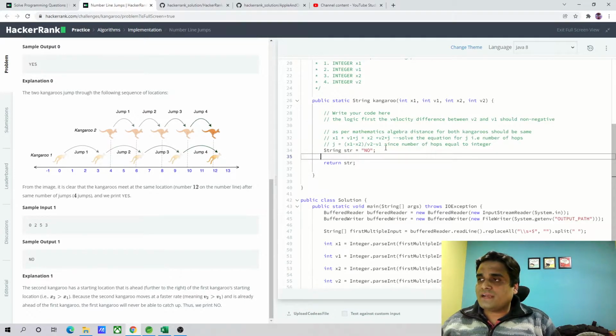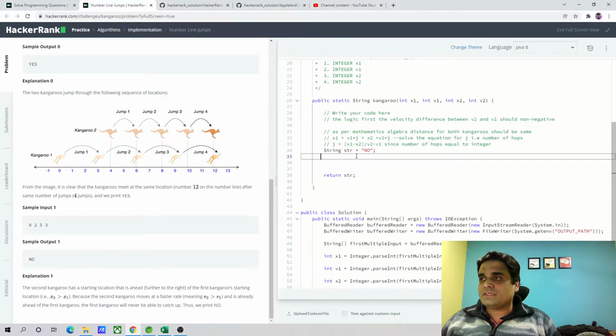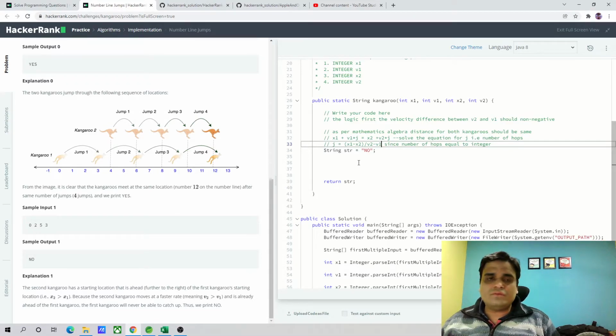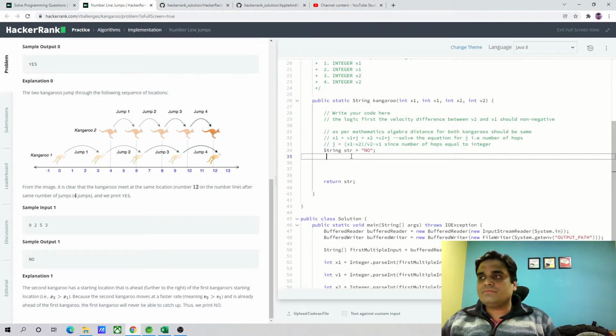We'll define by default a string as "NO", and this will be the result string which we will be returning. First of all, this is our equation, and as I mentioned, for this problem to be solvable, j should be an integer. If v1 is less than v2, we know that this equation cannot be solved, and straight away we can respond with the answer "NO", that both kangaroos will not be meeting.